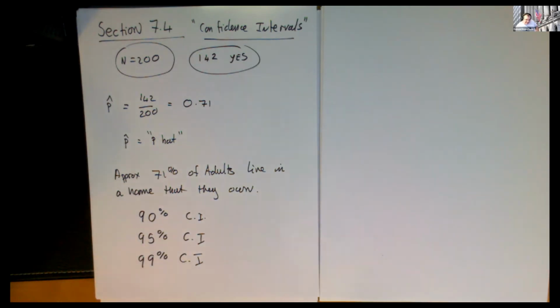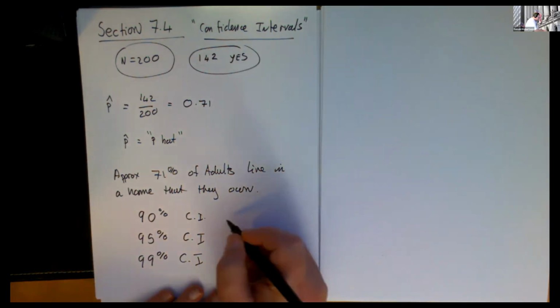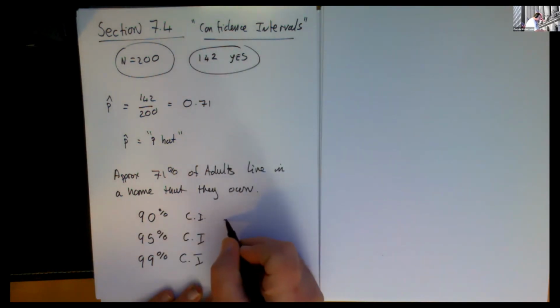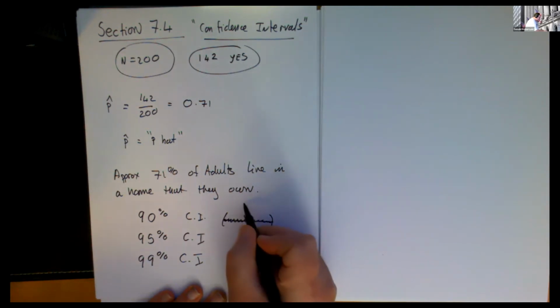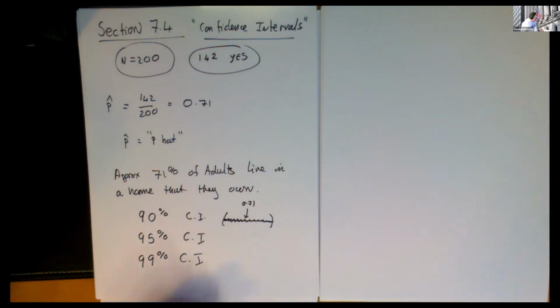Now, what do they tell us? Well, we don't know yet what this confidence interval is, but can you imagine there was a number here and a number here, and bang in the middle of that number is my 71%.